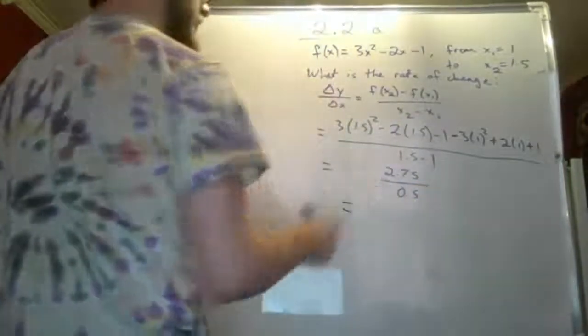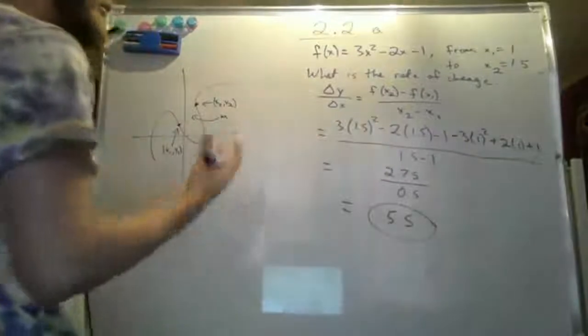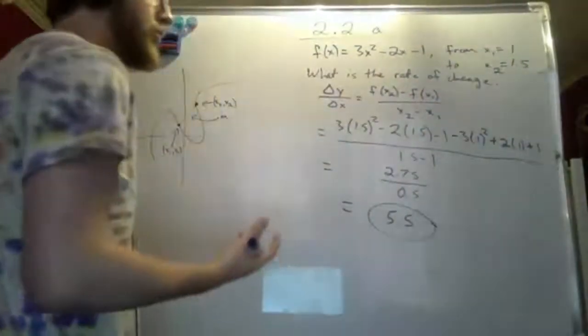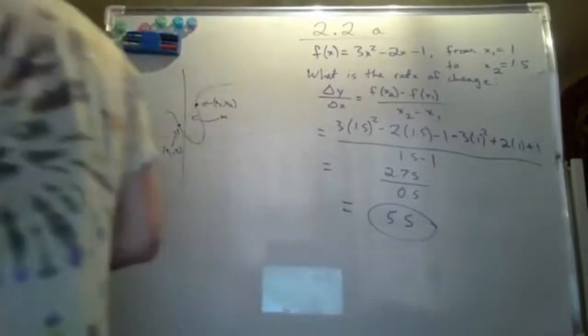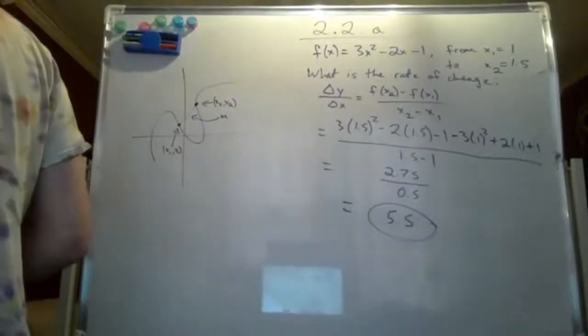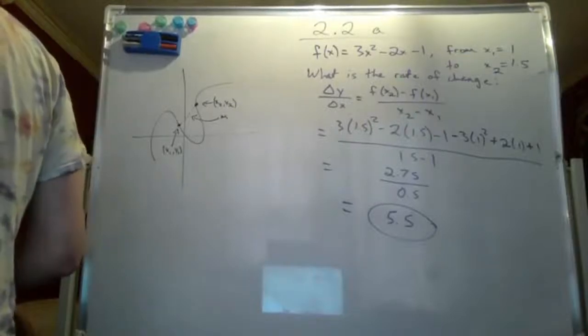And 2.75 divided by 0.5 is going to give you 5.5. So that is the average rate of change from x1 to x2. And there you have it. So that's what average rate of change is. That's how you can calculate it.